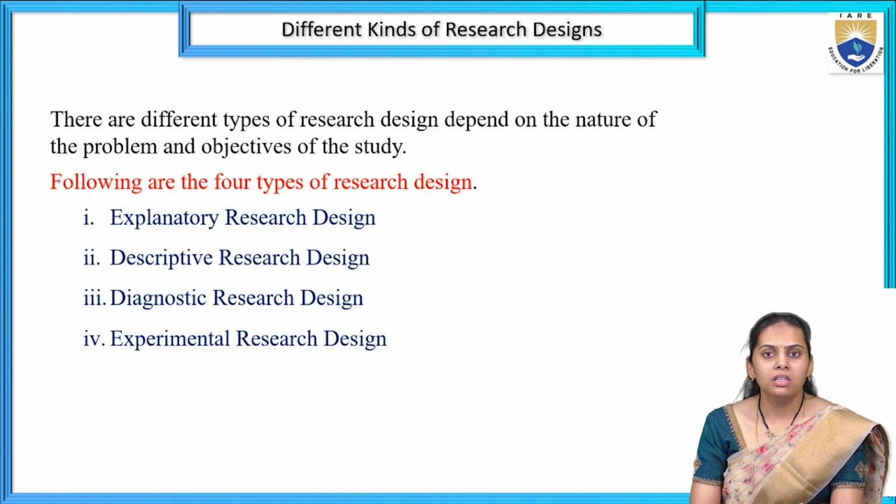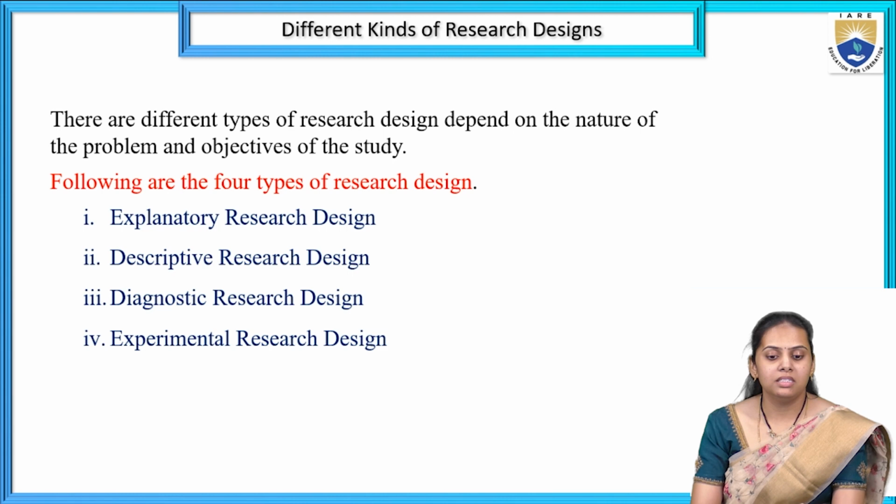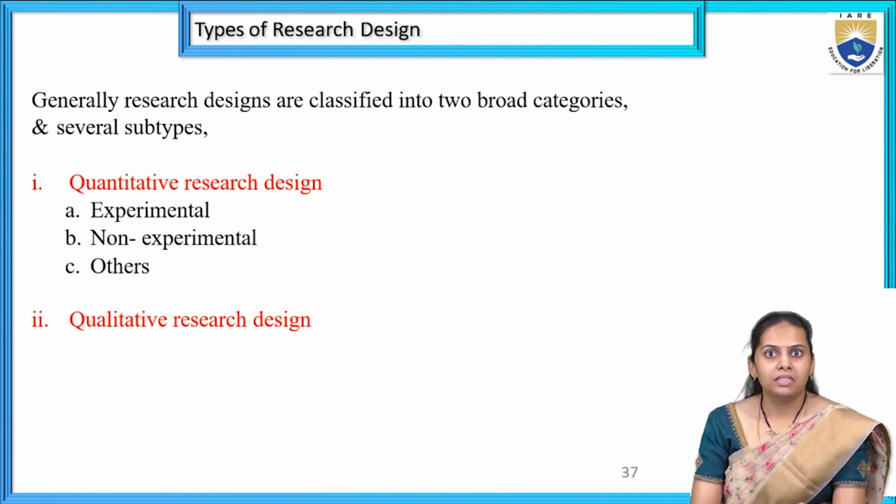What are those? There are 4 types. One is explanatory research design, the descriptive research design, diagnostic research design, and experimental research design. Again, we already discussed the experimental, non-experimental and others that come under a quantitative research design.